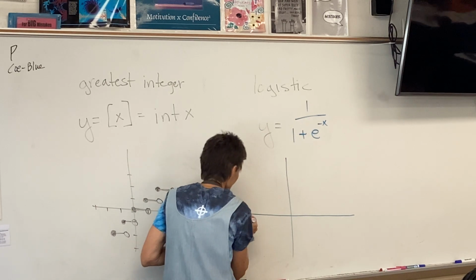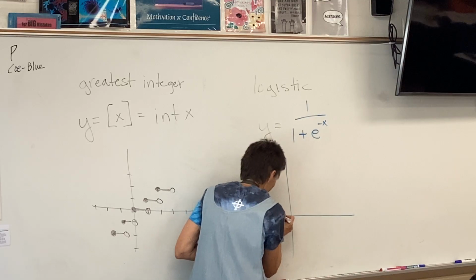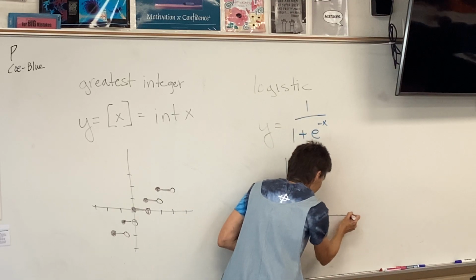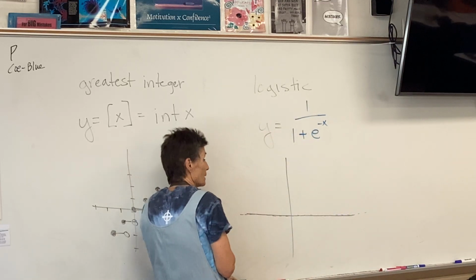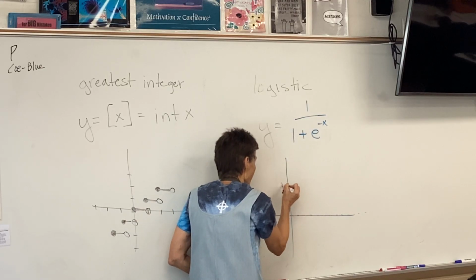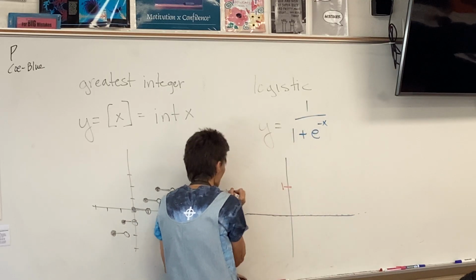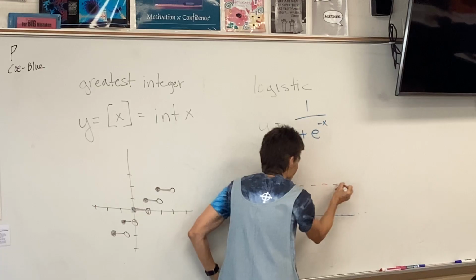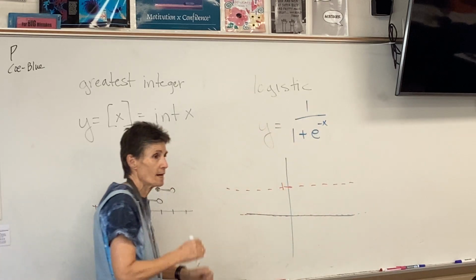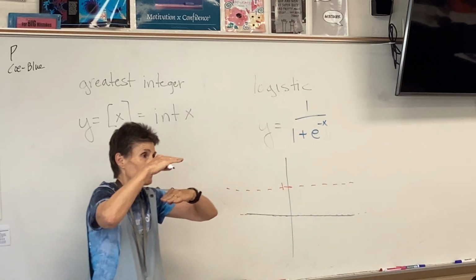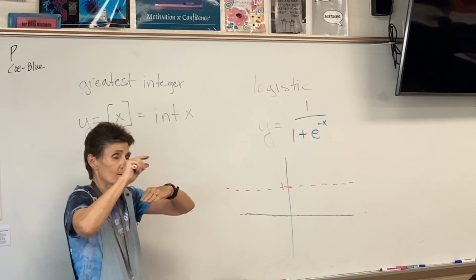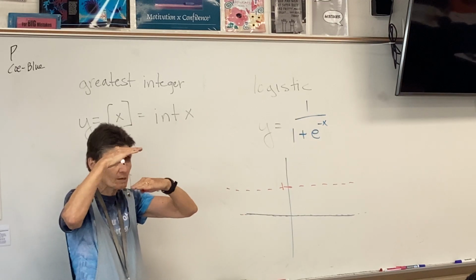The picture isn't bad. Got an asymptote on the x-axis, and then up 1, you have another horizontal asymptote. So there's 2 horizontal asymptotes. And in reality, they're only 1 unit apart. You got 1 at 0 and 1 at 1.